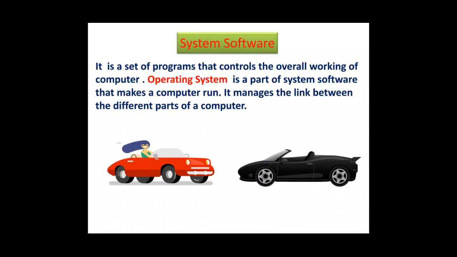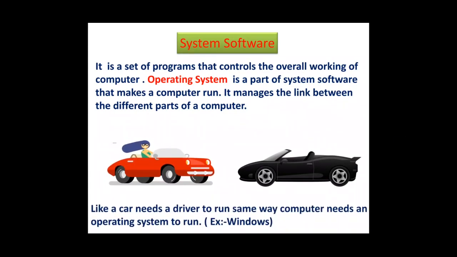Because there is no driver to run it. As we need a driver to run the car, same way we need an operating system to run computer. I hope it is clear. So the role of a driver in a computer system, operating system plays.